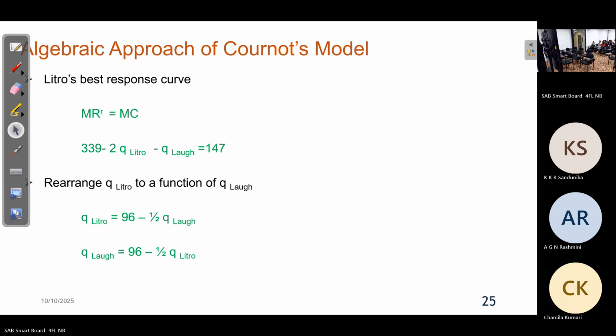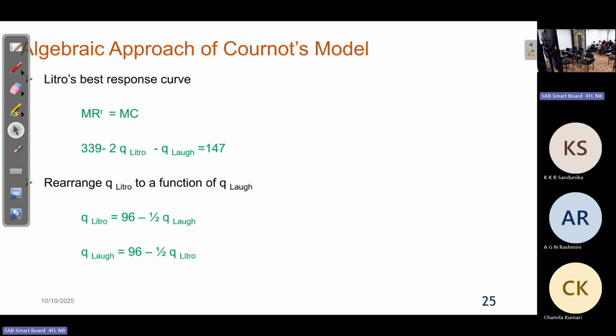Now, we know price equals 339 minus Q1 minus Q2. Then the total revenue of firm 2 is P into Q2, so 339 minus Q1 minus Q2 multiplied by Q2.